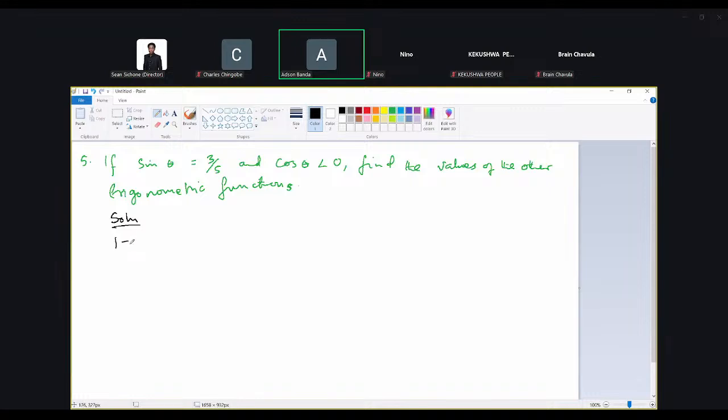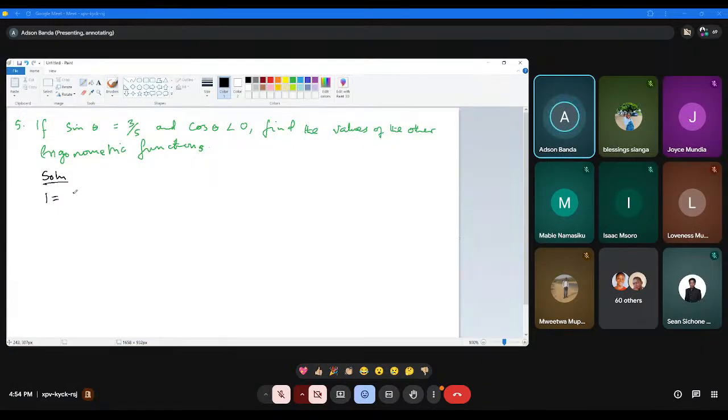The first identity says that 1 is equal to the cosine of theta squared plus the sine of theta squared. So that is the first identity. Of course, I know sine theta, so I know I can get the cosine of theta from what we have here. So this then implies the following.